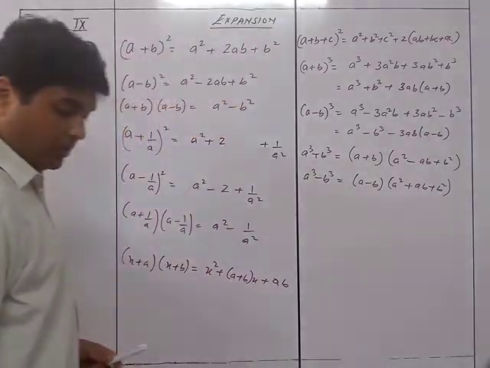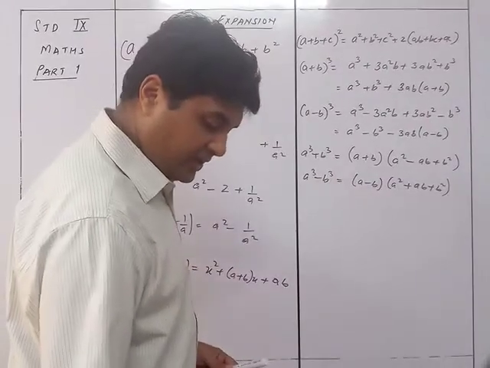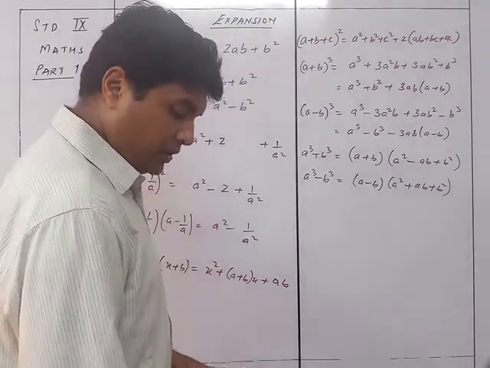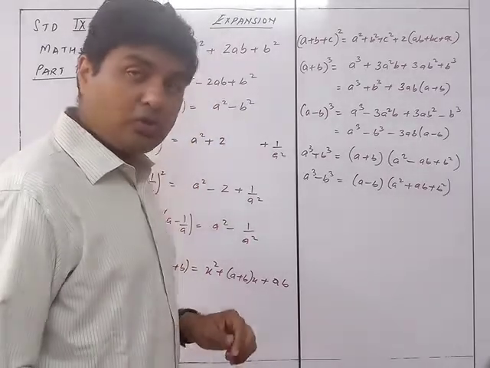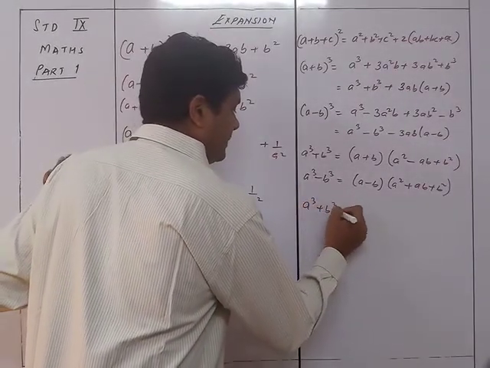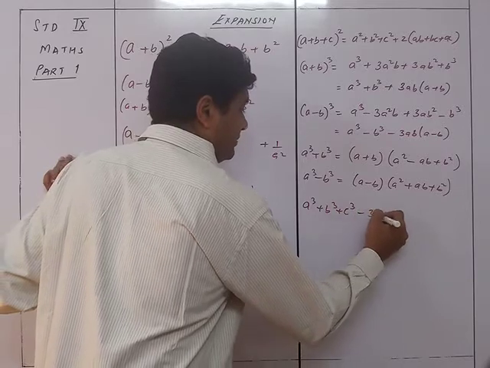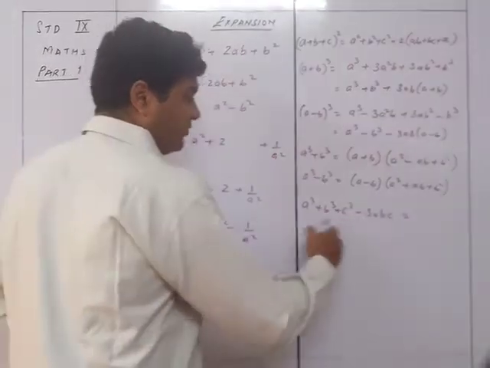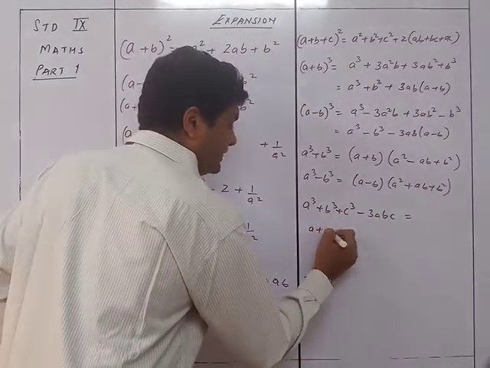Okay. So next we see are the last three identities. So it is a cube plus b cube plus c cube minus 3abc. This is given as, so it will be first is a plus b plus c.